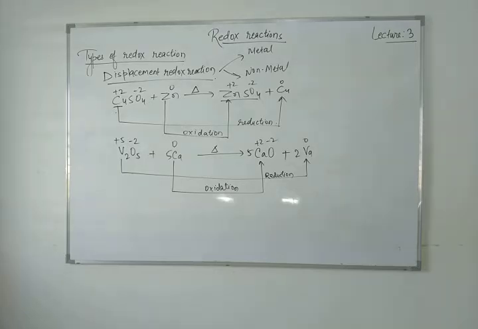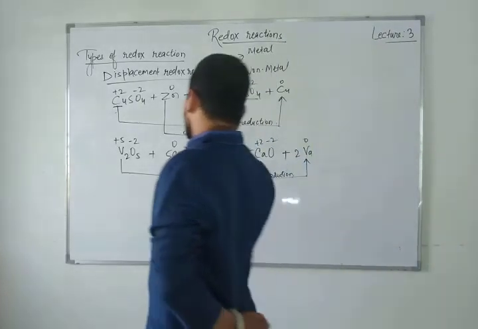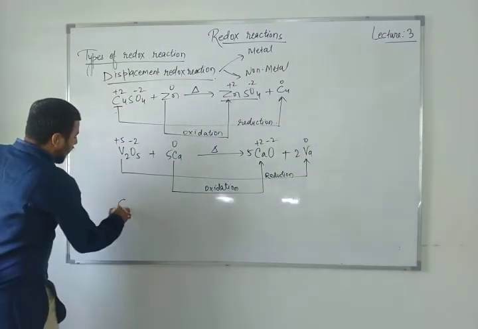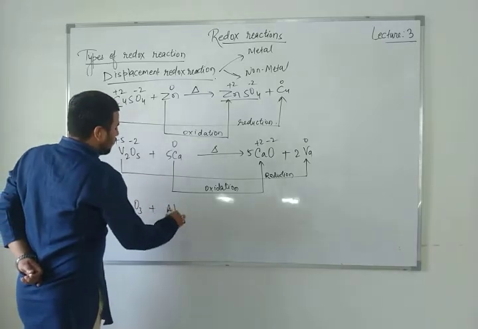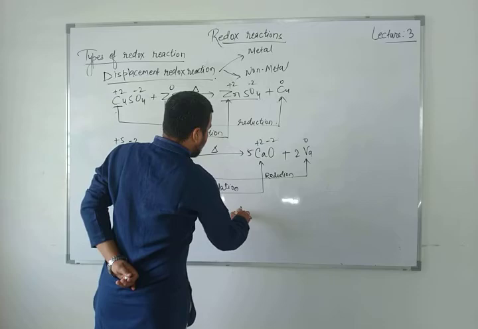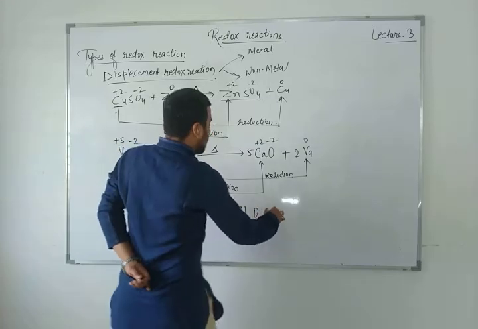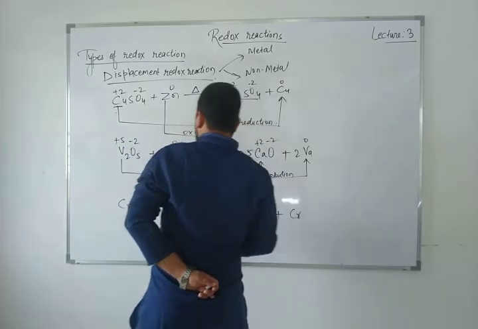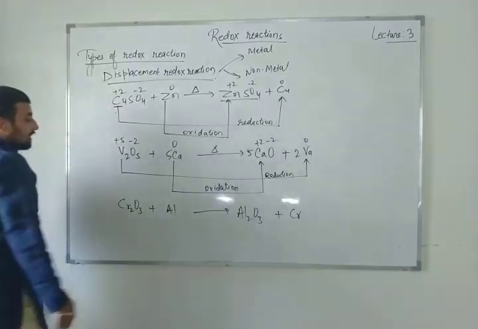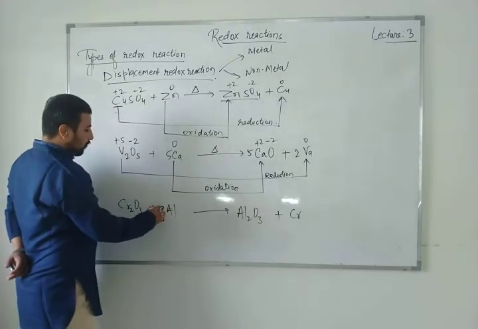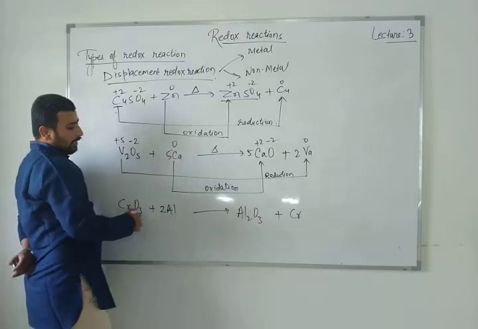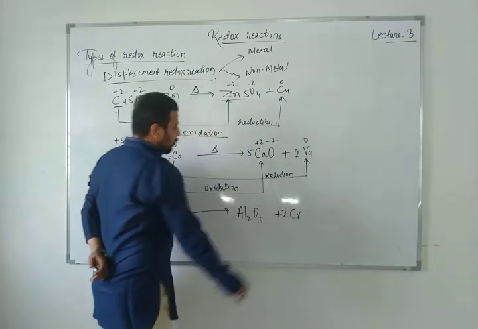Chromium oxide plus aluminium, Cr2O3 plus Al. It gives you aluminium oxide, Al2O3, plus chromium. First of all, tell me how I will balance this reaction. 2 aluminium is there, and here 2 chromium is there, so 2 chromium.